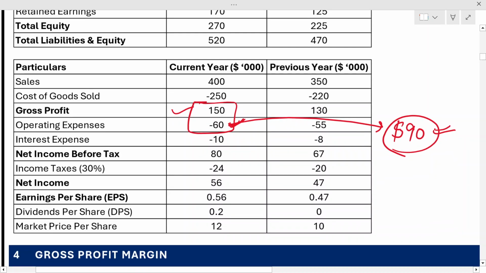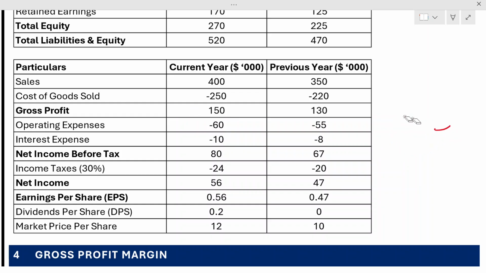So let's see how this works. Our overall net income was $56. Now if we add income tax, that will become our $80 net income before tax, and if we add the interest expenses here as well, this will give us the amount of $90.